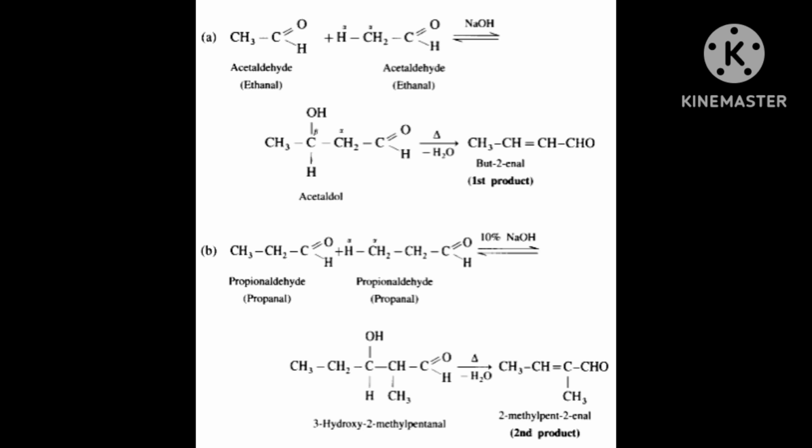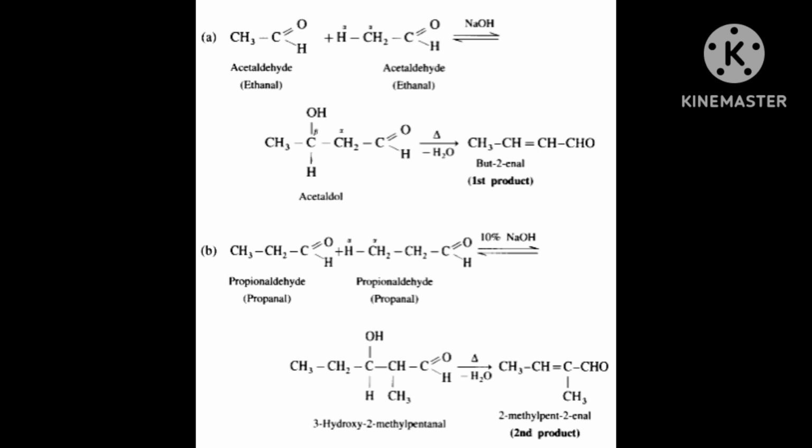Then its name is 2-methylpent, because one methyl group is at the branch. 2-methylpent, due to the 5-carbon straight chain, and at carbon number 2 a methyl group is there, and at carbon number 2 a double bond is there, so 2-methylpent-2-enal. This you got from 2 molecules of propanaldehyde.